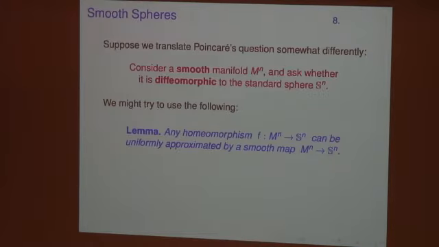Well, you might try to proceed as follows. Given any homeomorphism between a smooth manifold and a sphere, you can uniformly approximate it by a smooth map. This is essentially the Weierstrass approximation theorem, where it follows easily from it.